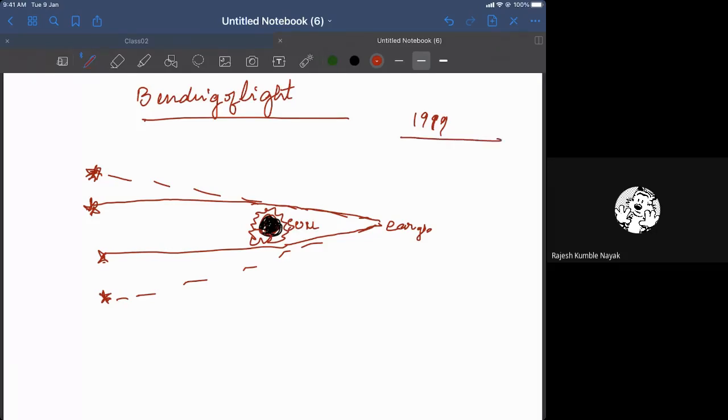So this experiment contributed enormously to the popularity of the general theory of relativity as well as to Einstein. Einstein became a star overnight after this confirmation of his theory by the British astronomer, Sir Arthur Eddington.